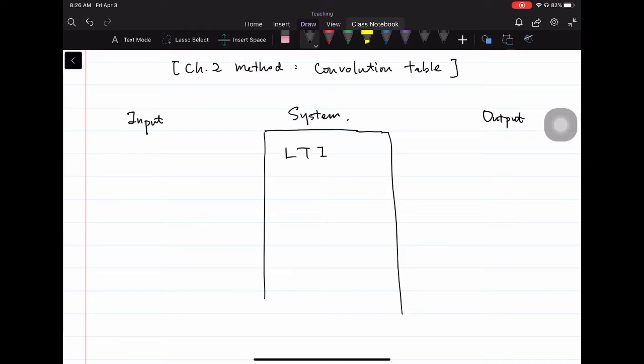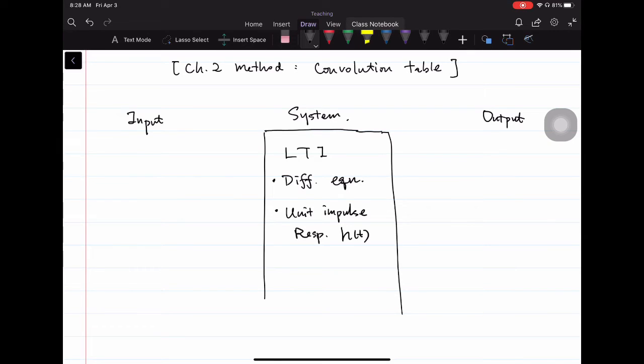For a linear time invariant system, the very basic way to represent it is through a differential equation. This is what we did in chapter 2. There are other ways to represent a linear time invariant system that we have discussed in this class. One of them is the unit impulse response, h of t.